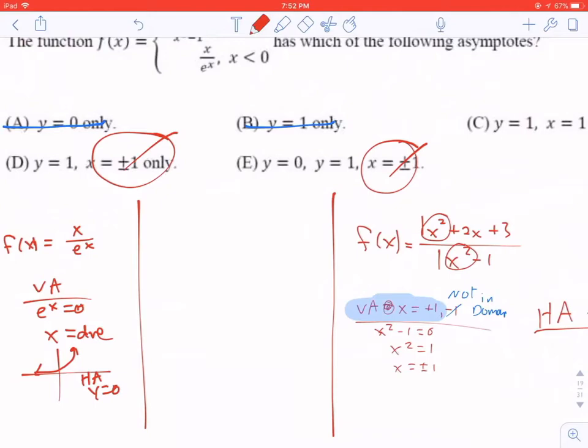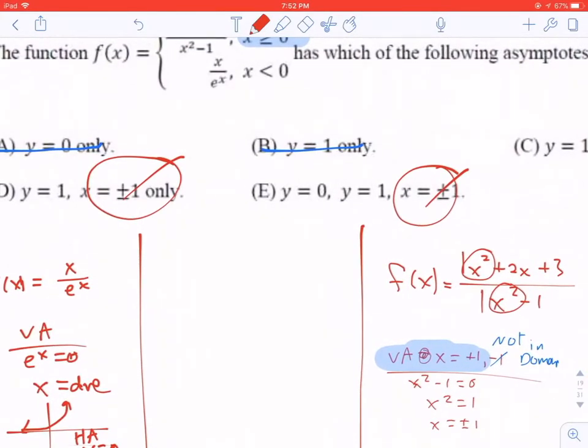So looking for the horizontal asymptote for this. This is the function f of x equals x over e to the x. I stated at the beginning of the problem that for a polynomial divided by a polynomial, a rational function, the end behavior is the same as you go left to right. This is not a rational function. The denominator is not a polynomial. So what does that mean?